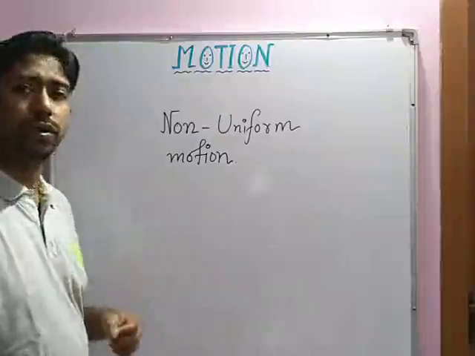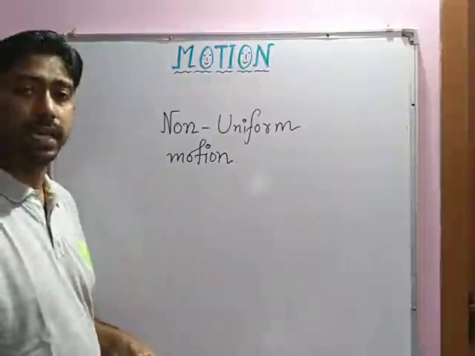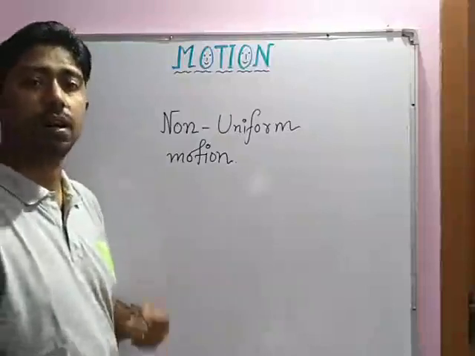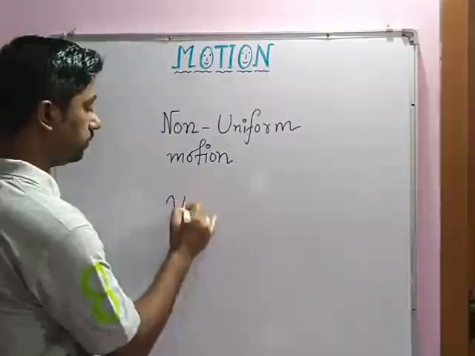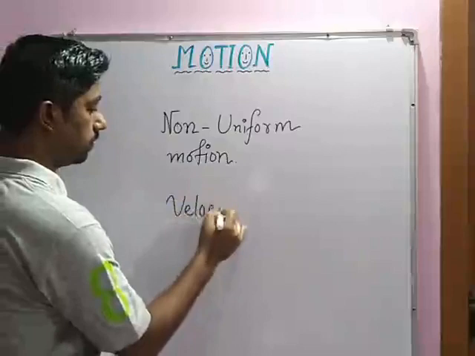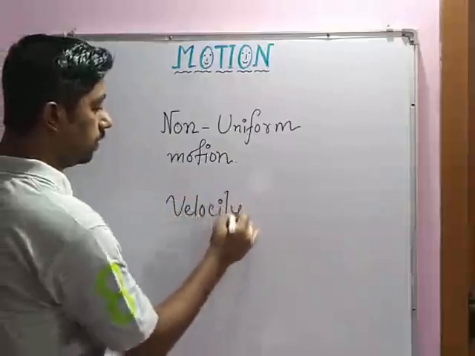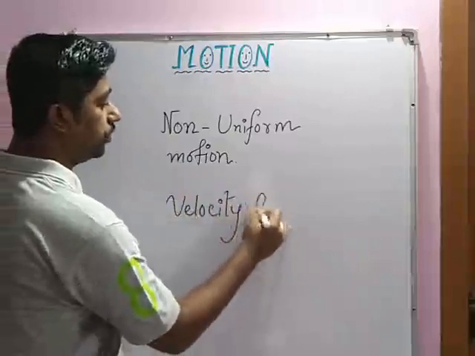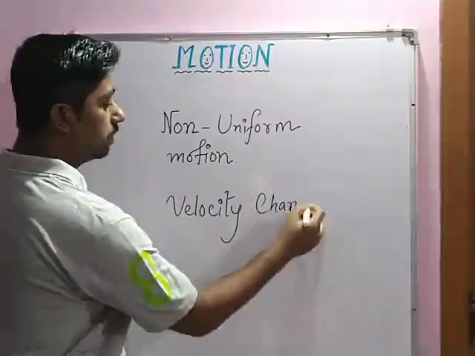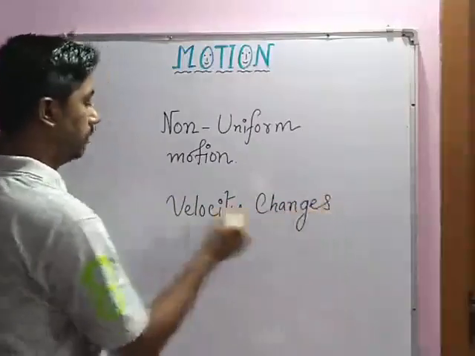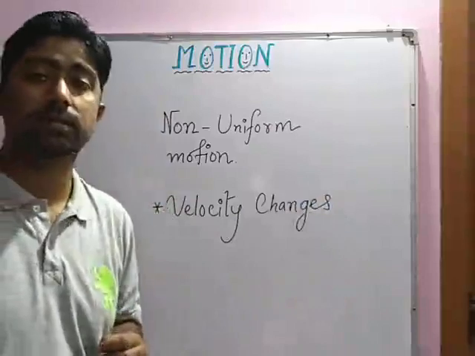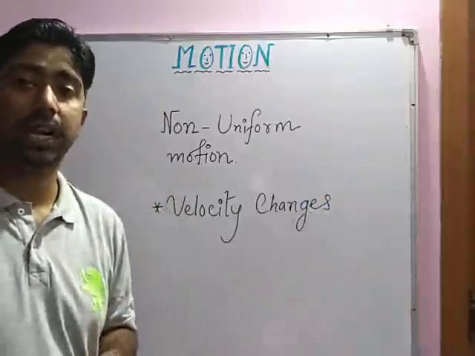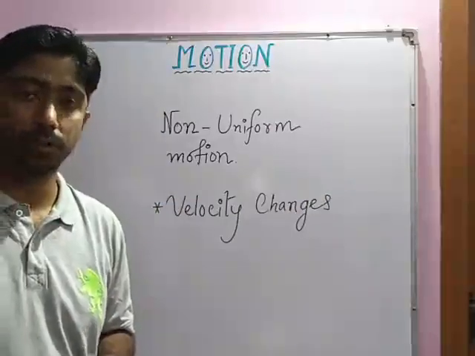Okay, so non-uniform motion means the velocity of the object will change. The velocity of the moving object changes. So this is an important characteristic of non-uniform motion.